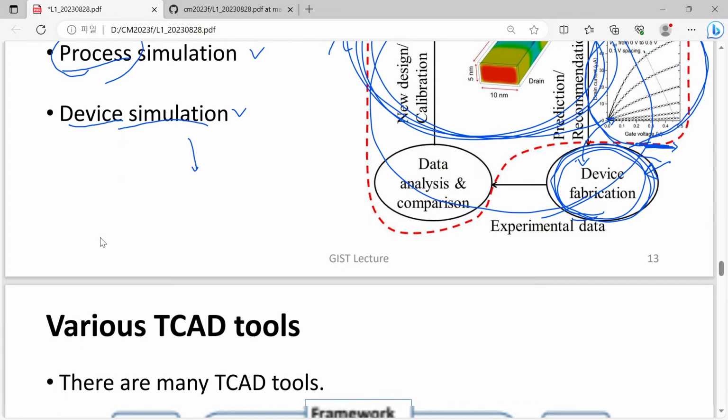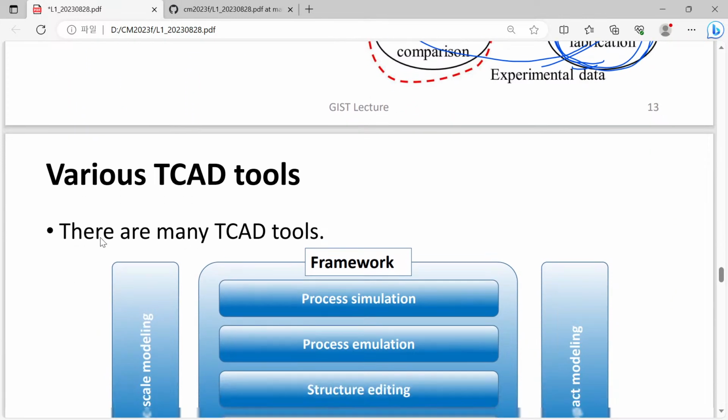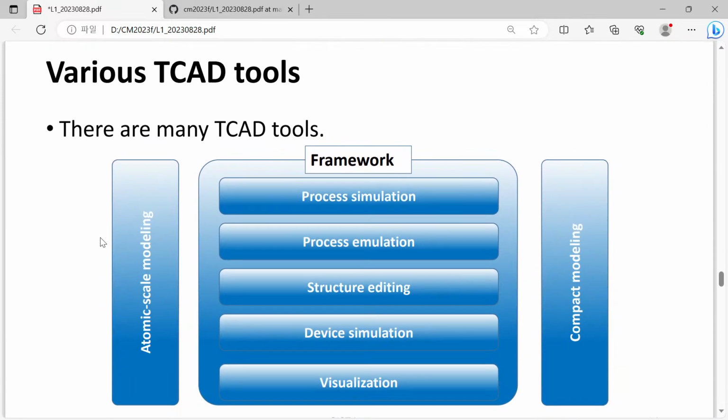So let's go to the next slide. And we have various TCAD tools. Yes, as I told you before, if you buy a TCAD license, then you will have many different tools. Tools here means computer programs, and usually what we can get from a TCAD framework is like this.